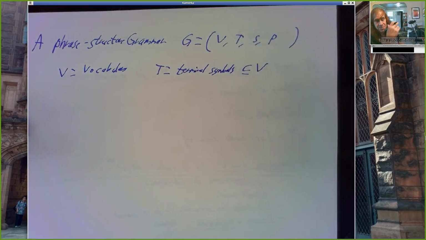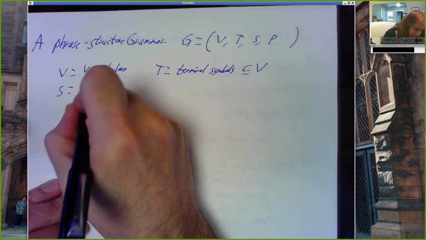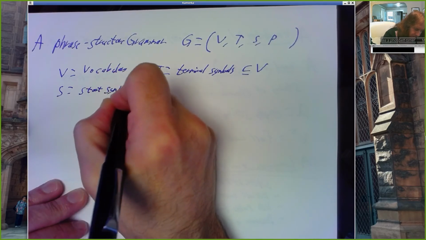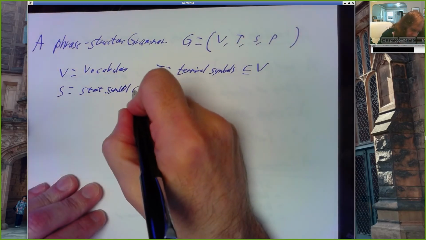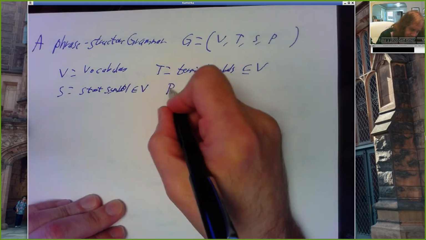We'll do lots of specific examples which will help. S is the start symbol, and that's an element of our vocabulary. And P, this is the fun part.